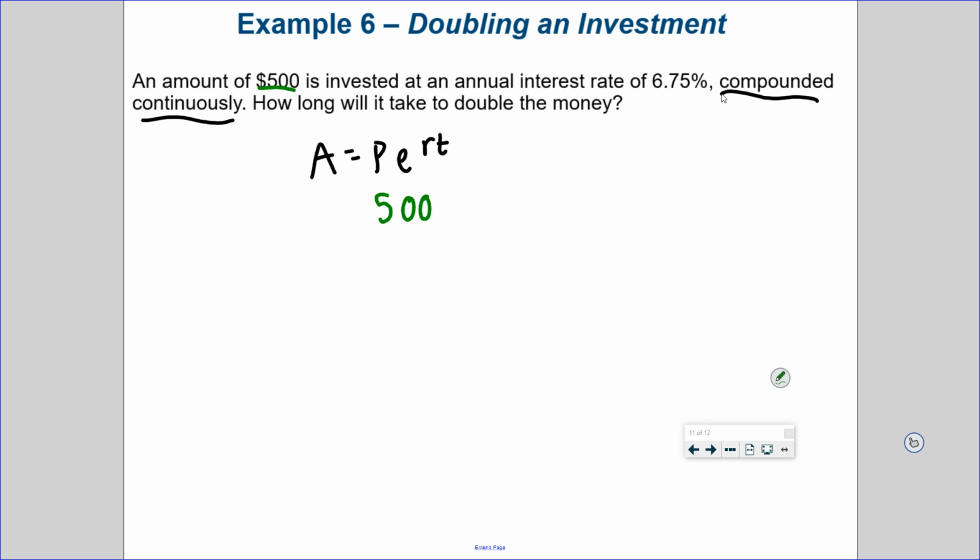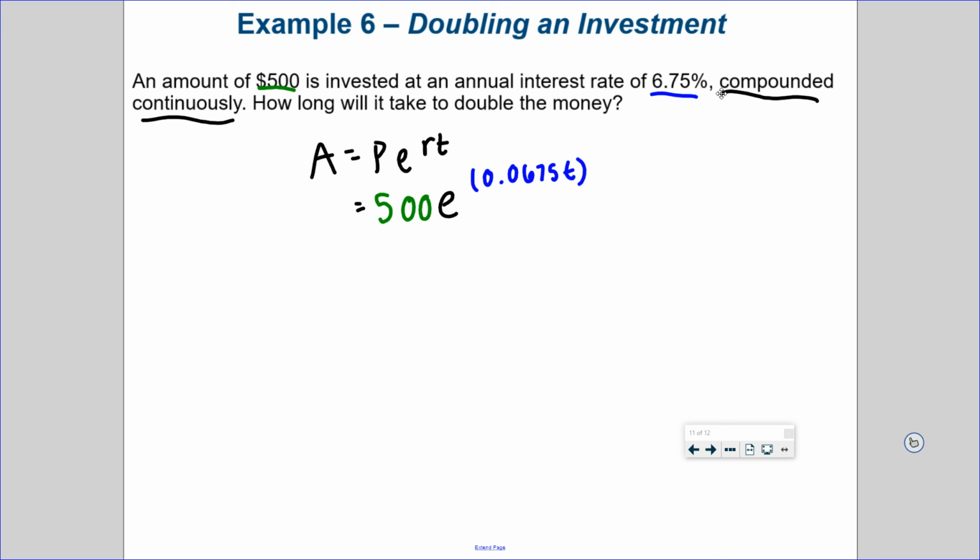R, I'm just plugging in what I'm given so far: 0.0675. T. You don't really need parentheses either, but you can use them if you want to make sure you keep it all in the power. So yes, you're exactly correct.